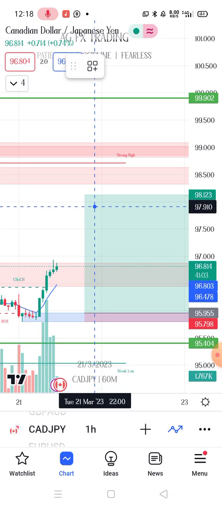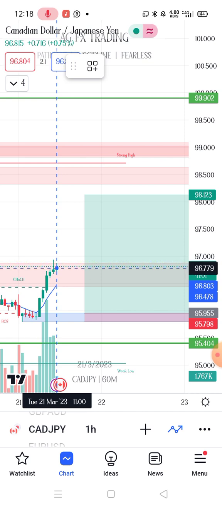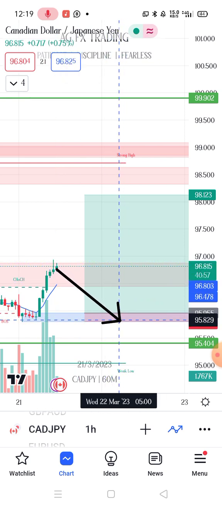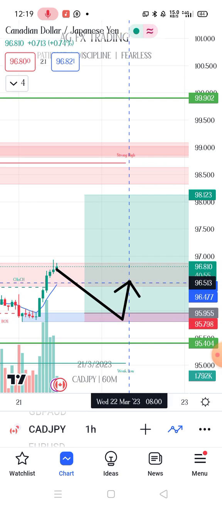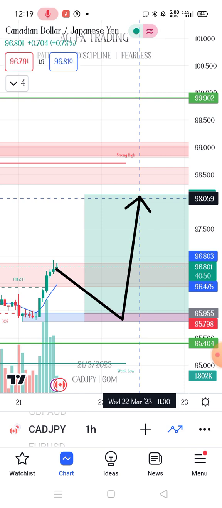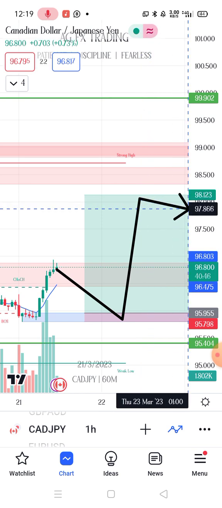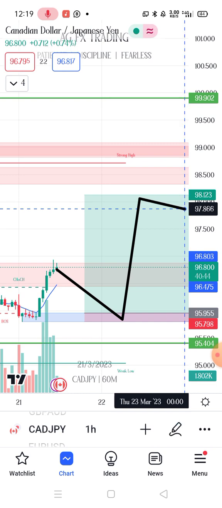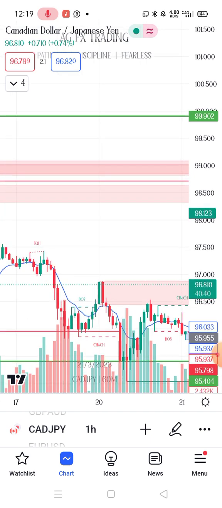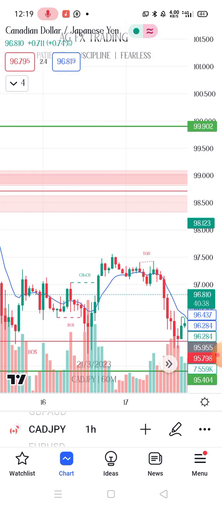Remember these words: bullish order block. It will move here, hit this bullish order block, then buy to my target here. So this is a bullish order block, but this here is a bearish order block.